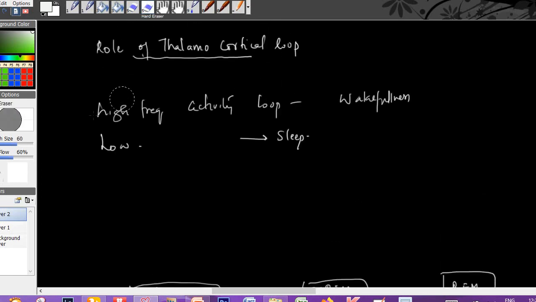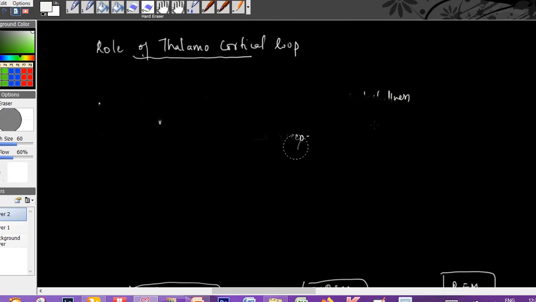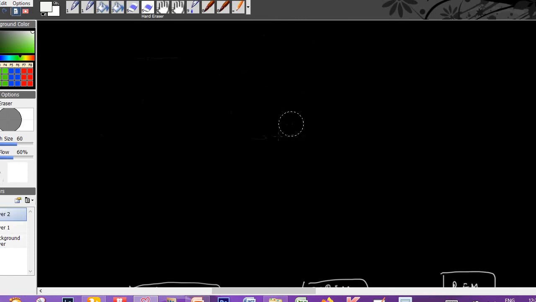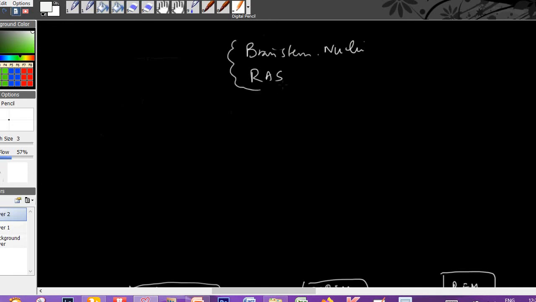First we'll come from above. Above I am going to show the brainstem nuclei that are part of the reticular activating system. Don't confuse this, although we have already learned all these things.